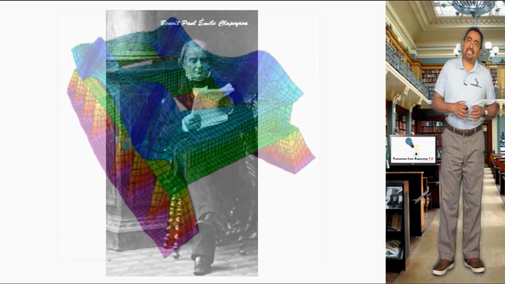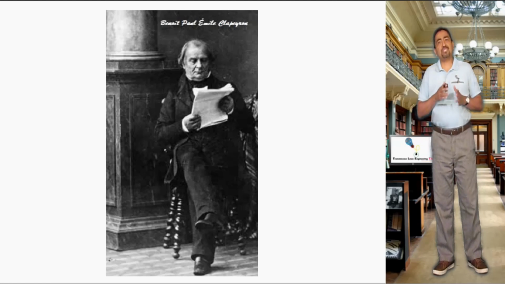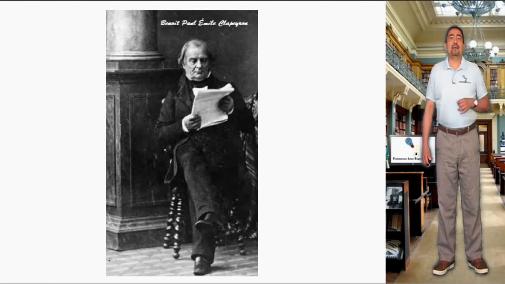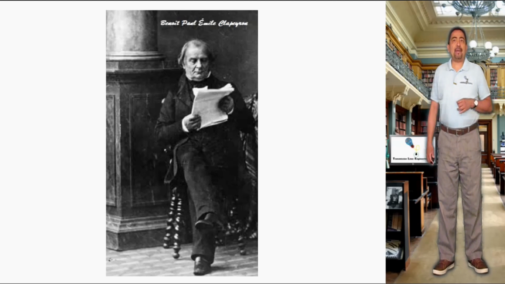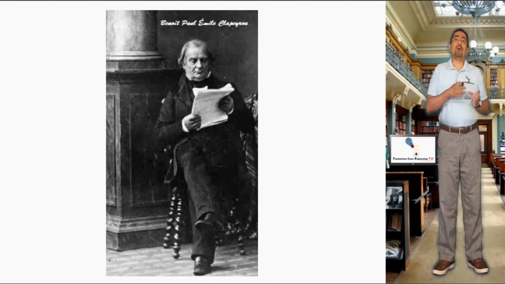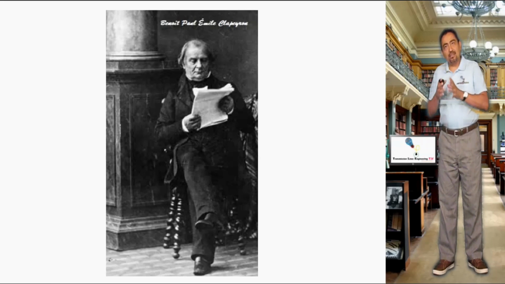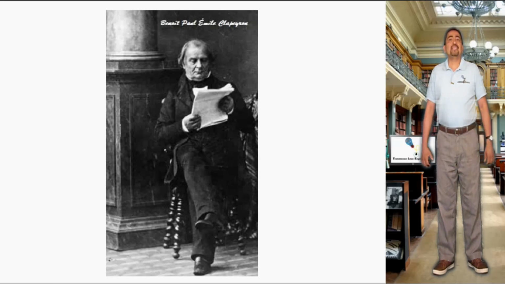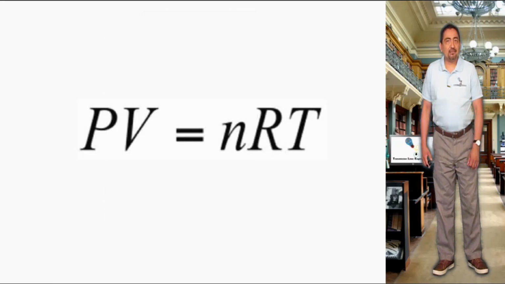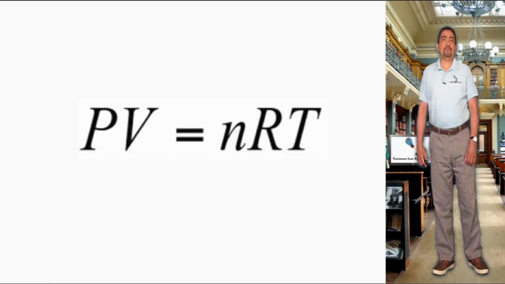In 1834, we count the French engineer and physicist Benoit Paul Émile Clapeyron, who combined the Boyle Law with the Gay-Lussac law to develop the ideal gas law.